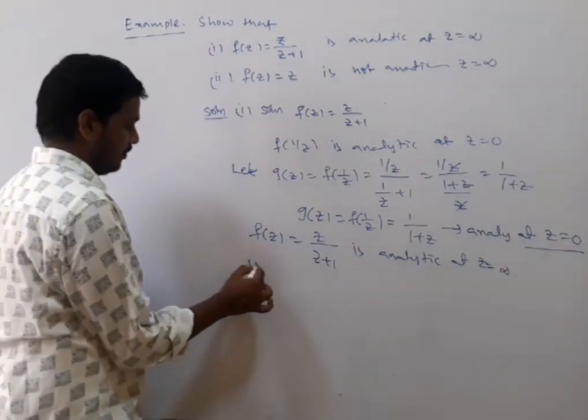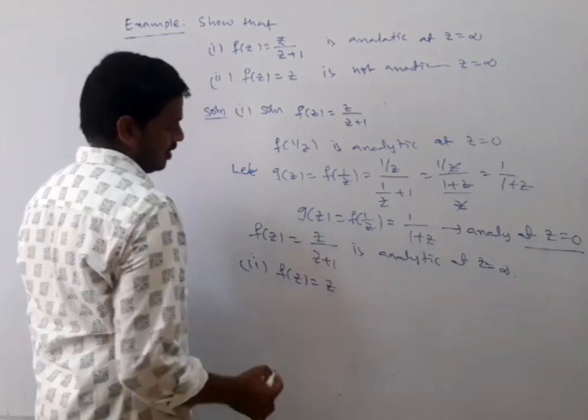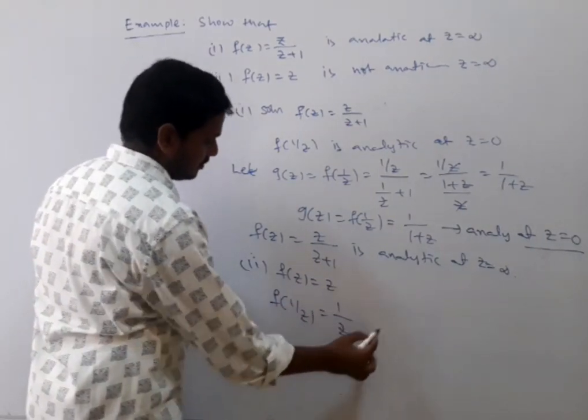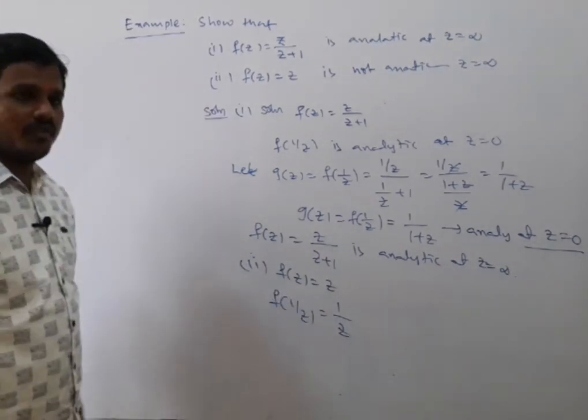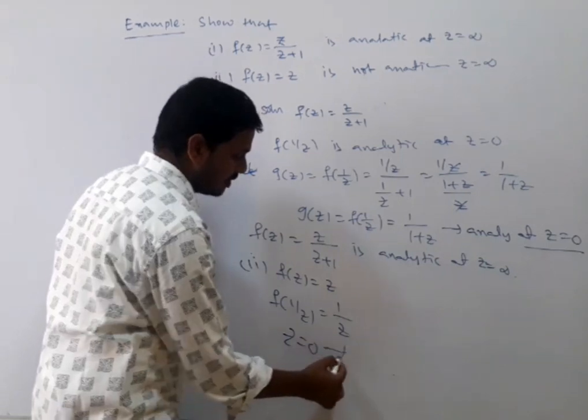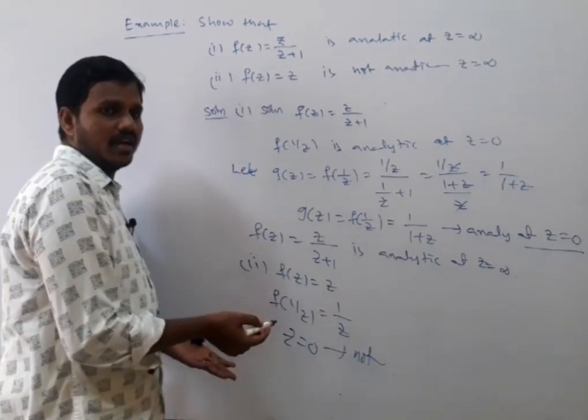Now coming to the second problem. f of z equals z. That implies f of 1 by z equals, tell me, 1 by z. Listen, at z equals 0 the function is not defined. Not defined means not continuous. Not continuous means not differentiable. Not differentiable means not analytic.